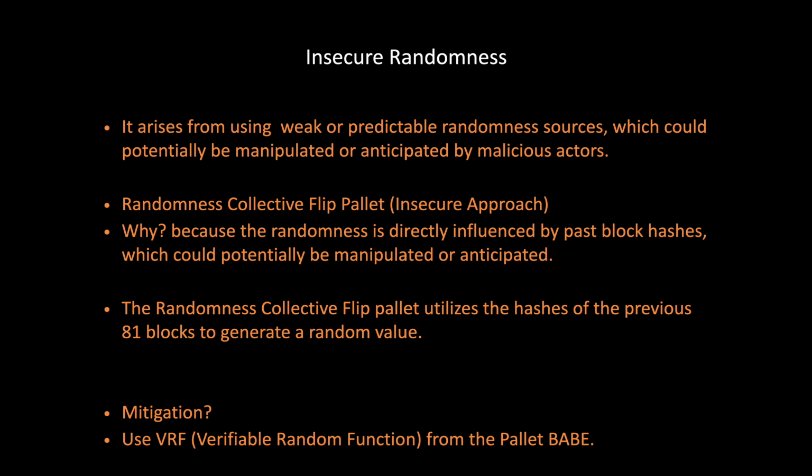This is basically a vulnerable pallet because the randomness here is influenced directly by past block hashes, which could be manipulated or anticipated, because it takes a look at the previous 81 blocks to generate a random value. So in some environments, malicious actors can actually influence the previous block hashes, or read them and guess the next random number.